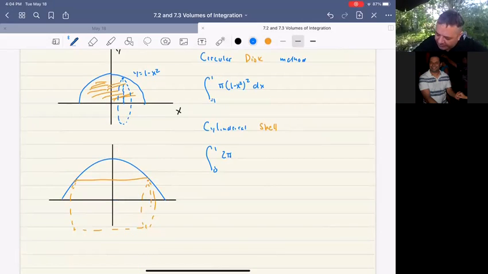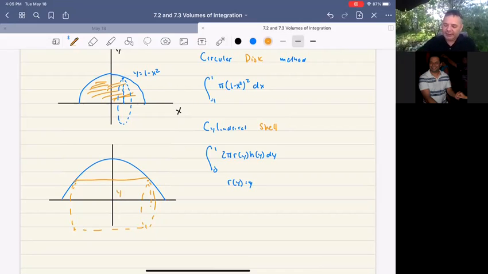Let me write r of y, h of y. And let's figure out what those are. Okay, now r of y is actually pretty easy. R of y is just y. Okay, that's just this distance.